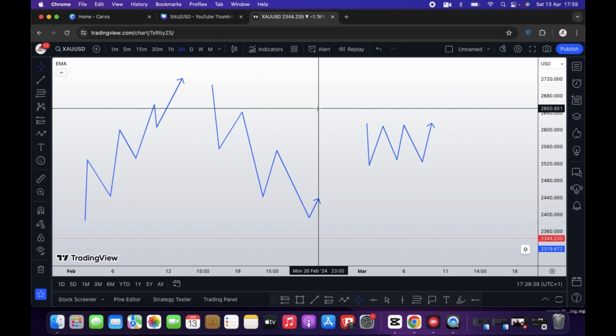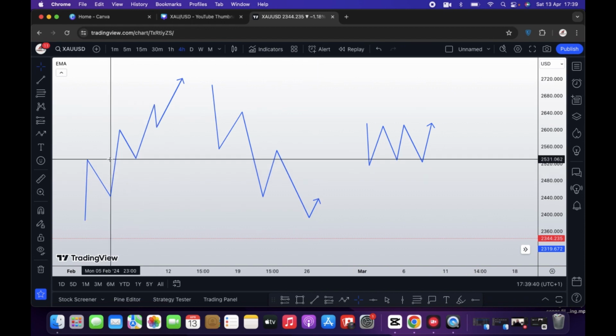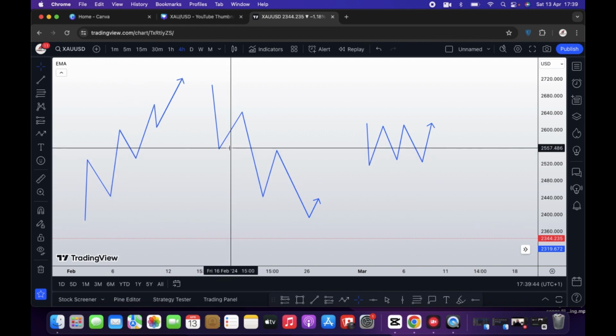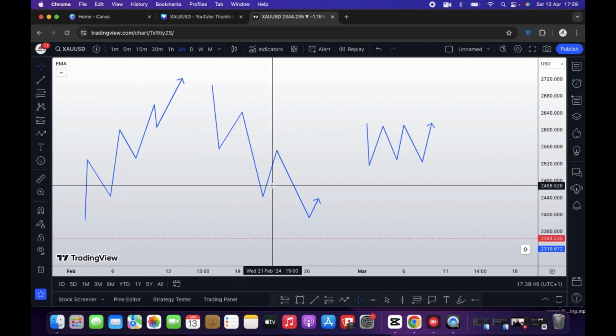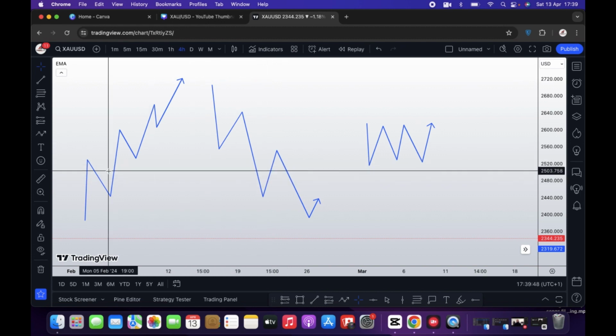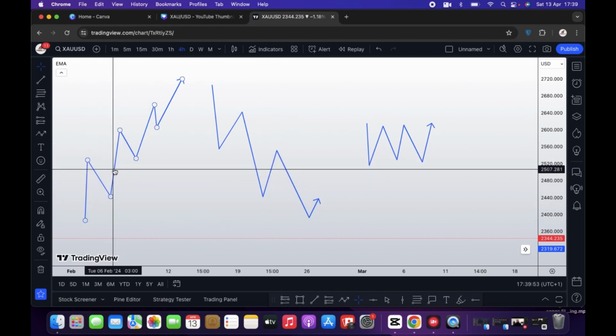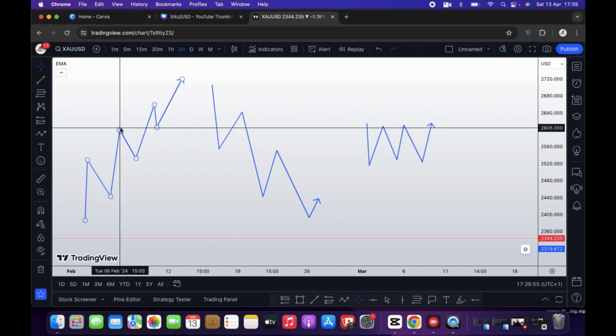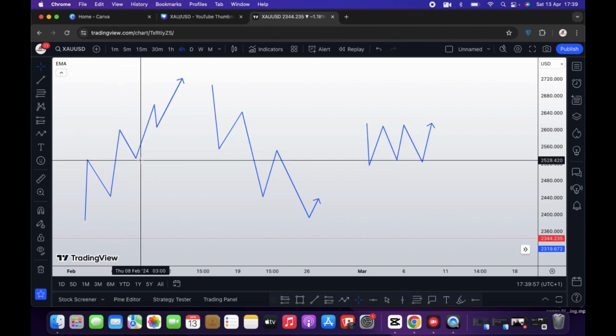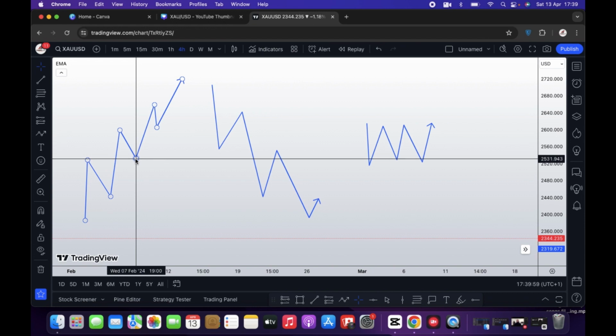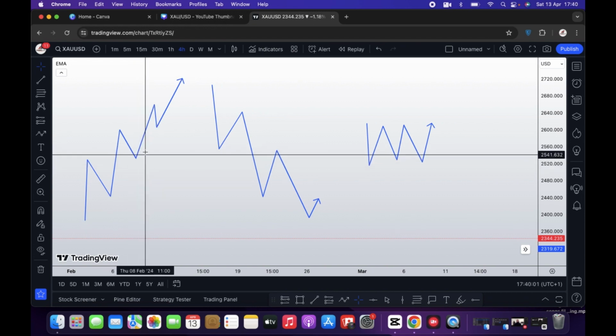Then you wait for the market to come back to the lower high for you to take a buy, or you wait for the market to come back to the lower low for you to take a sell. Something like when the market takes out this high, this is the particular candle, then you wait for it to come back to this support. Maybe the market comes back to this, but then you start looking for your entry from here.